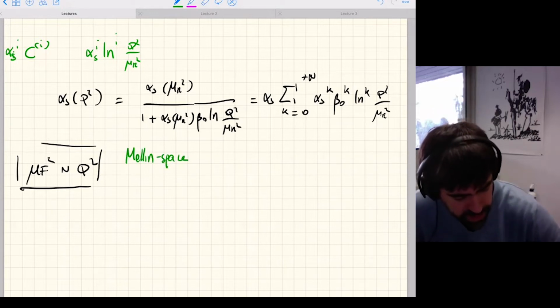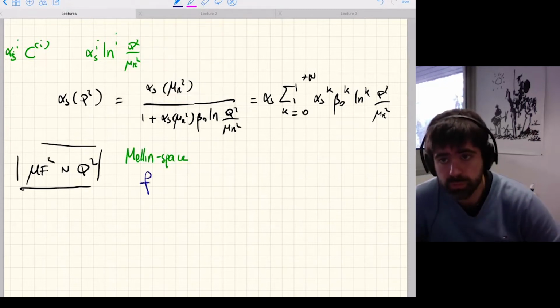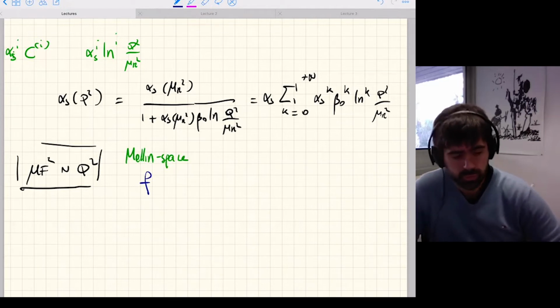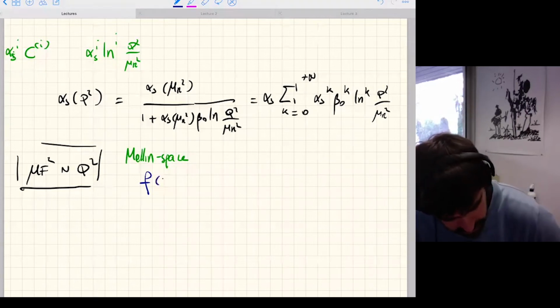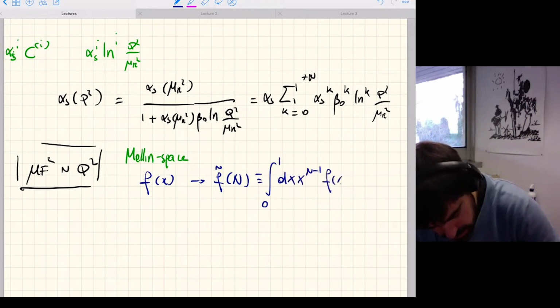Well, if I have a function f of x, then the Mellin transform of this function is defined as the integral between 0 and 1 dx x to the n minus 1 f of x.